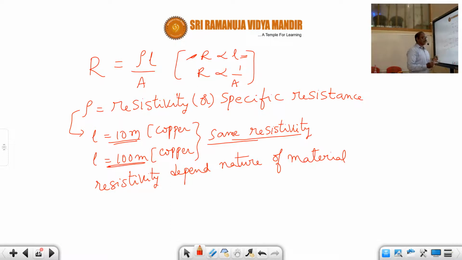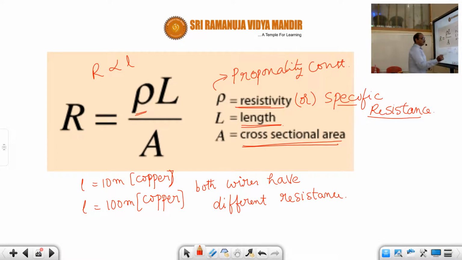See here, students, this conclusion was made by scientists after doing a number of experiments. They took different lengths: a copper wire of 10 meters and the same copper material of 100 meters.